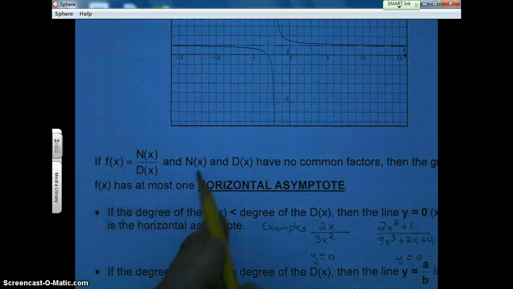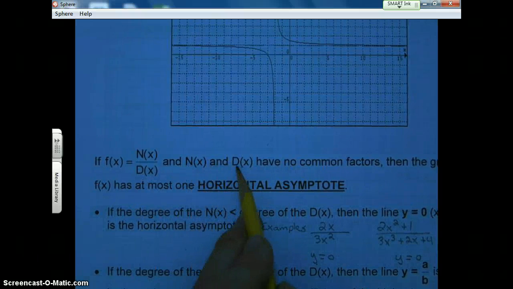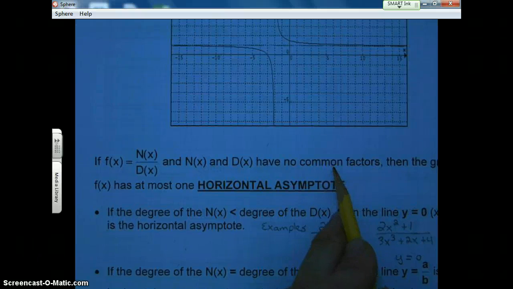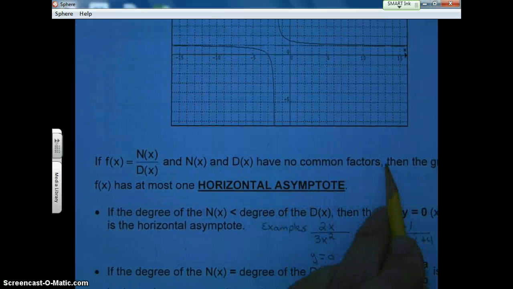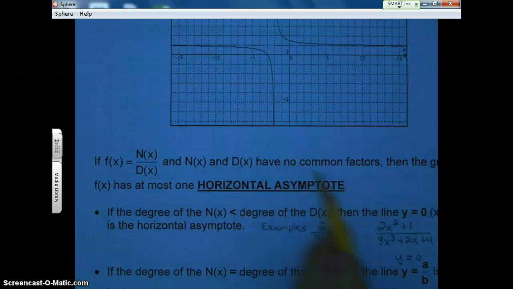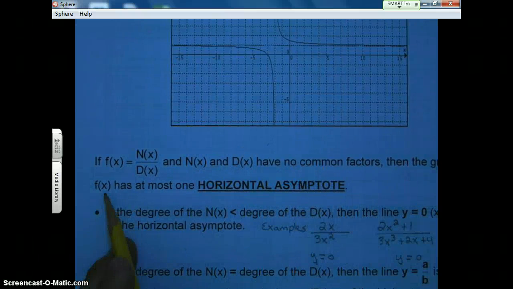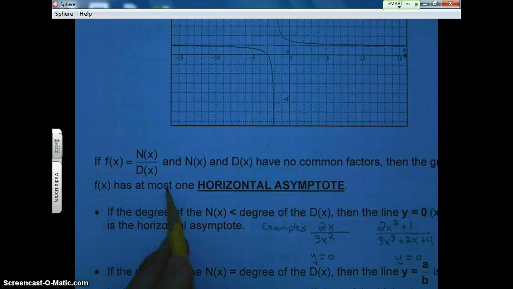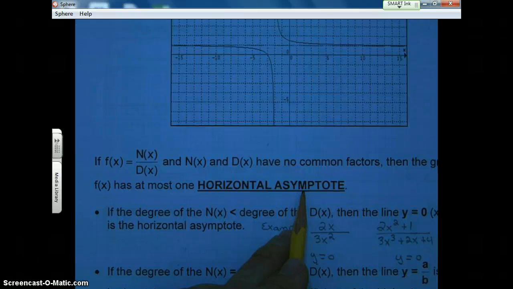Okay, so moving on. Here we have our function f with our polynomial on the top, our polynomial on the bottom. Function n and function d have no common factors, so we're not dealing with common factors yet. If they have no common factors, then the graph of f of x has at most one horizontal asymptote.